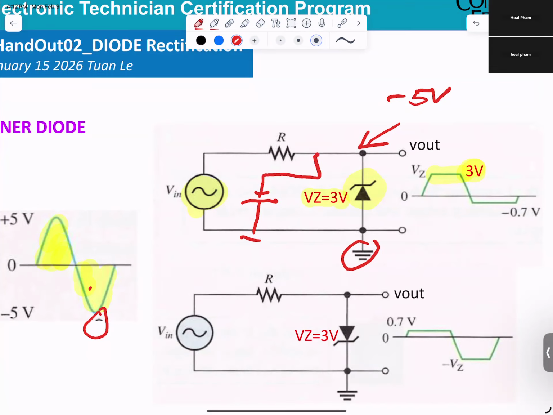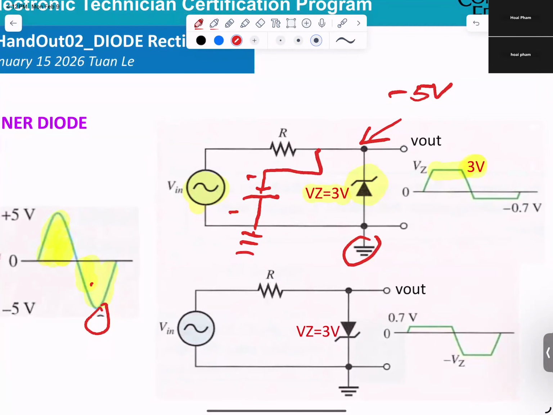So this is ground, this will be minus, positive here, 0.7. So what is the V out? When you measure across the battery here and here, what do you see? Negative. You get minus 0.7. You see that? That means minus 0.7.